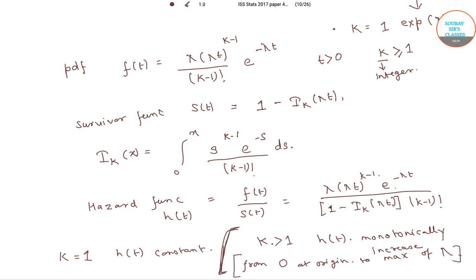So this is the monotonicity property of the hazard rate corresponding to the gamma distribution with parameters k and lambda, which is defined as a failure time model.